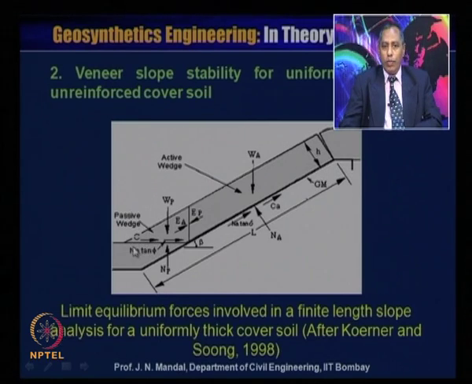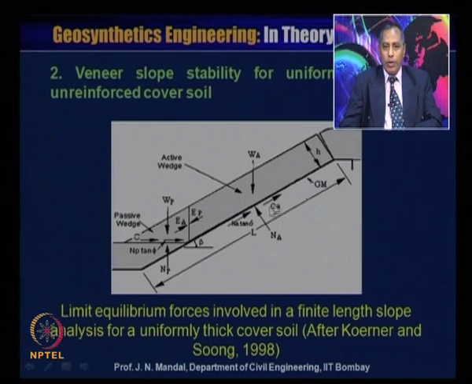So, this is the cohesion C on the passive wedge side, and there is also a normal force, N_A, which acts along the slope, and there is a shearing resistance between the cover soil and the subgrade soil, which is delta.